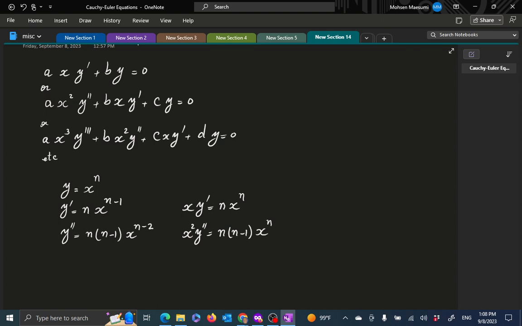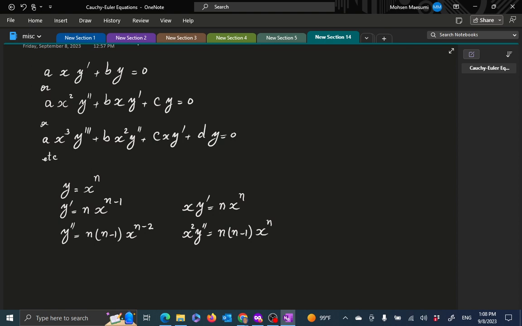We are going to investigate to see if this is going to be a type of solution that works for us. The reason for that approach is that when we multiply by these powers of x, all of the terms are going to be x to the power of n.